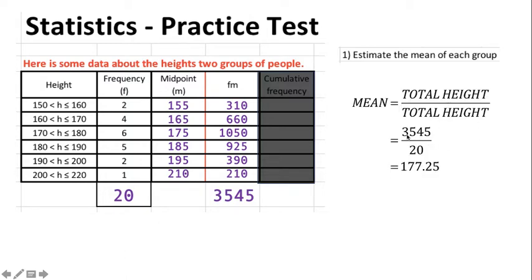So there it is, 3,545 is the total height of 20 people, so the average is 3,545 divided by 20, which is 177.25 centimeters. And just looking back at the original data, that kind of looks like a reasonable answer, bearing in mind the original numbers we had.